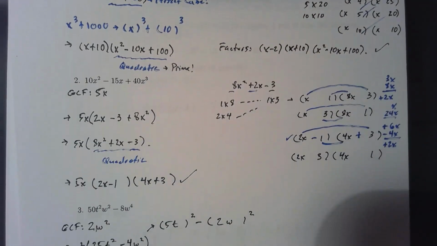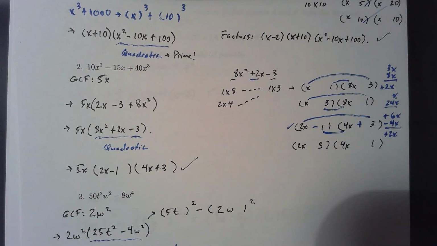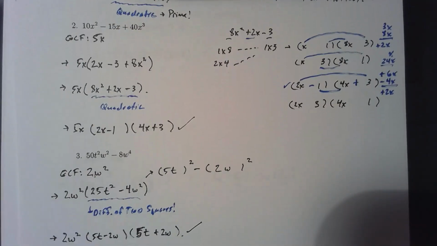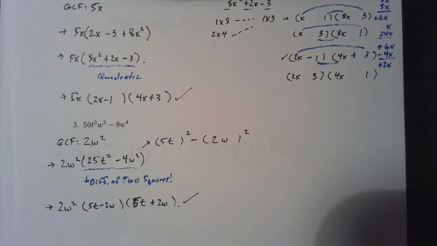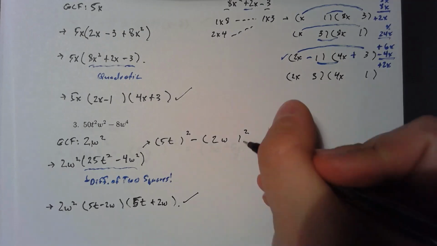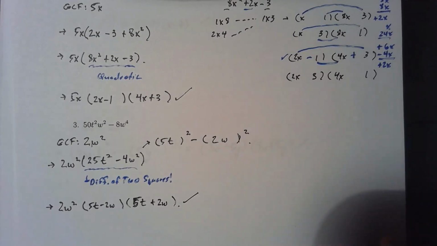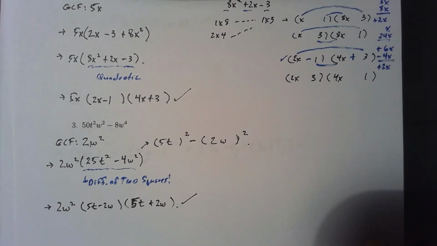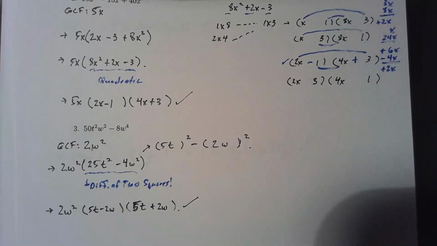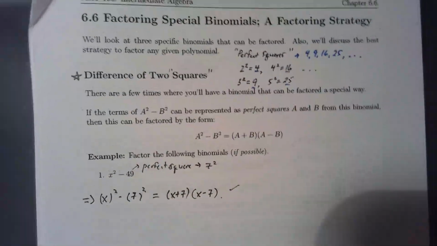If you have a quadratic, do the AC method. If you have 4 terms, do factor by grouping until you can't think of anything else to factor, or until you can't factor it. So yeah, that's a summary of factoring, which you will get better at just as we go along.